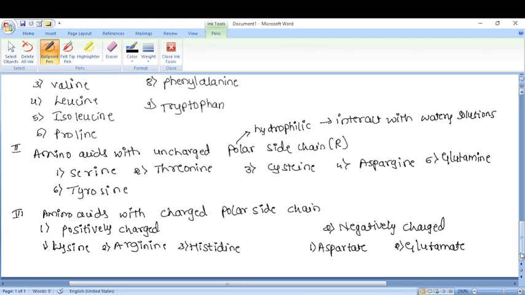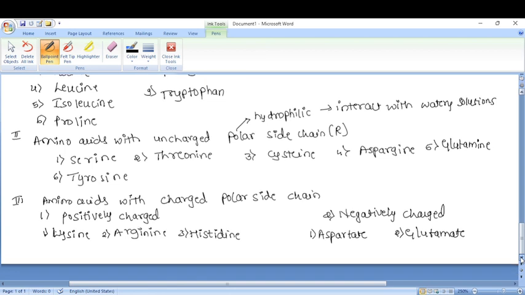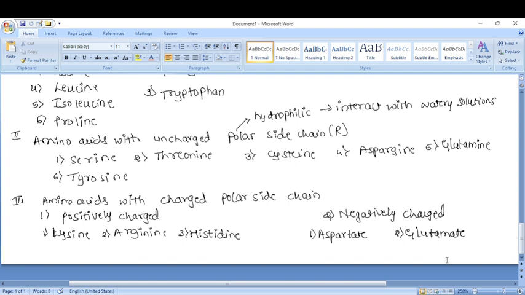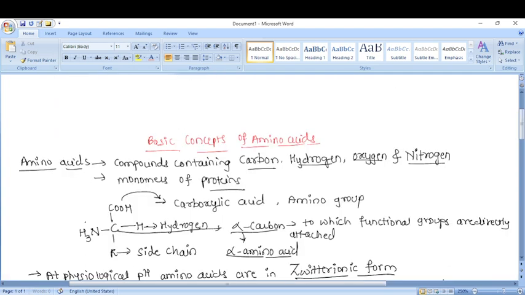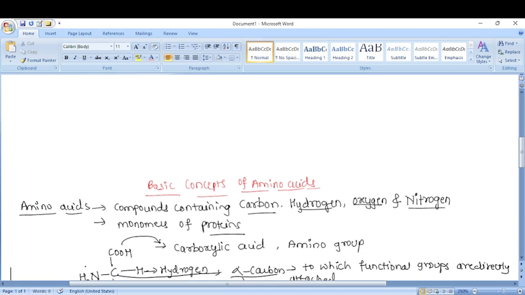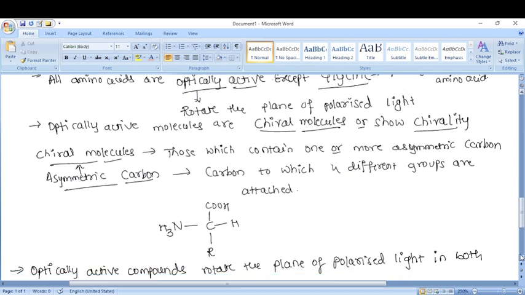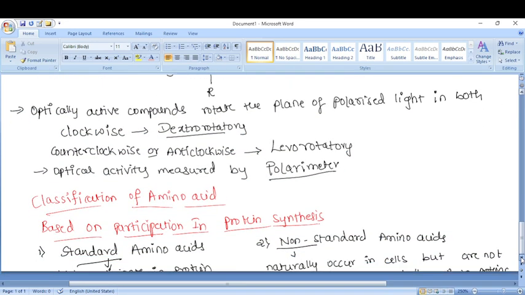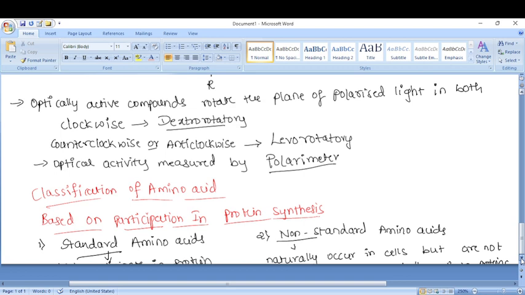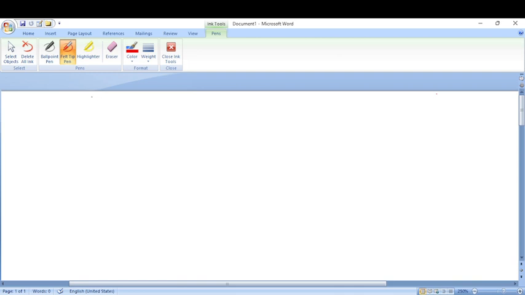Next classification of amino acids, based on chemical nature of R group.